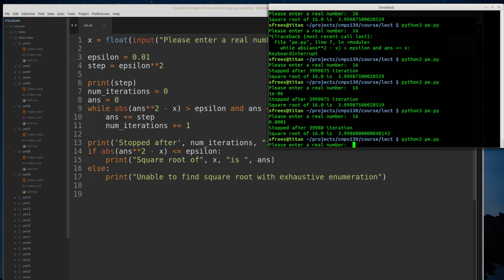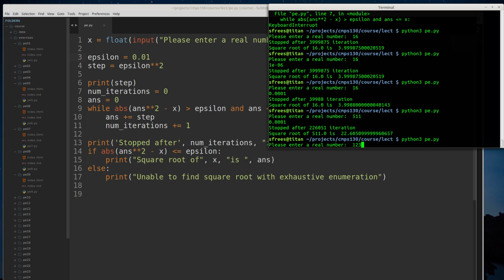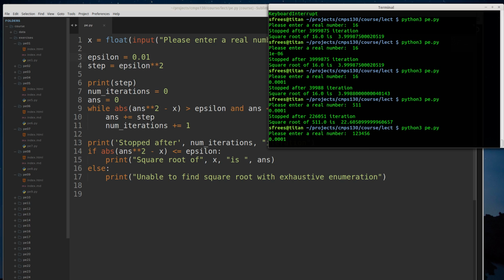If I go with larger values, maybe like 511, well, I was able to get that. One of the examples from the book, I remember, was 123456. Please enter any real number. And I keep running this, and I think that we'll see that we run into a bit of a problem with this one.